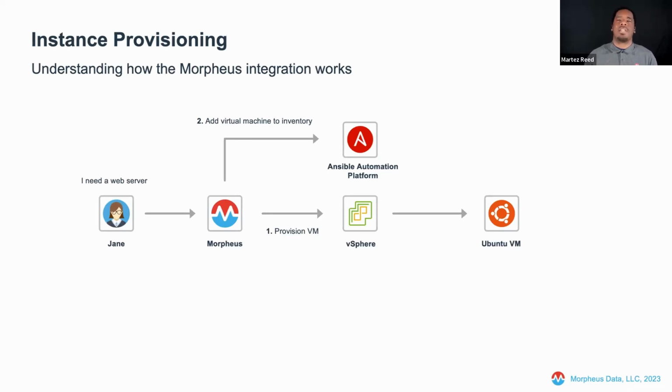So we would populate that inventory during that process. And then once that's done, we would utilize that to launch the job template from the Ansible Automation or Ansible Tower perspective, at which point it would trigger and perform the configuration of that system. So let's take a look at the Morpheus platform to see how a number of these pieces come together.